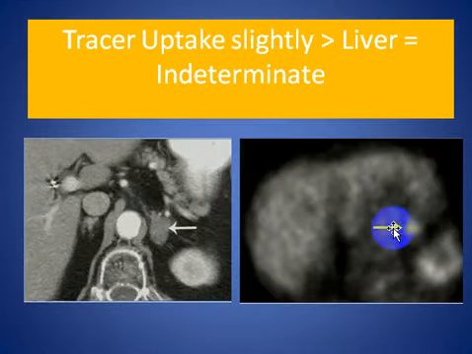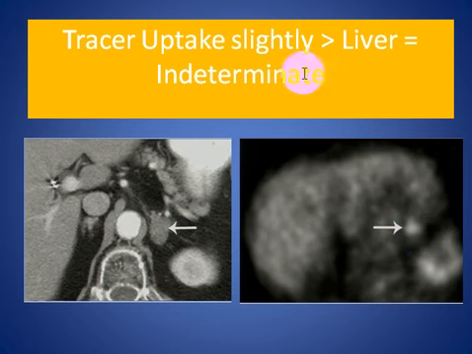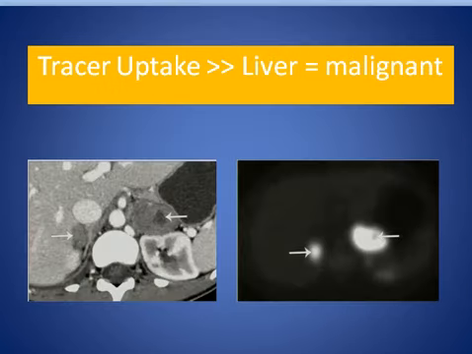If the tracer uptake on the adrenal mass is more than the liver, it is an indeterminate lesion, and if it is much more than the liver, it is a malignant lesion.